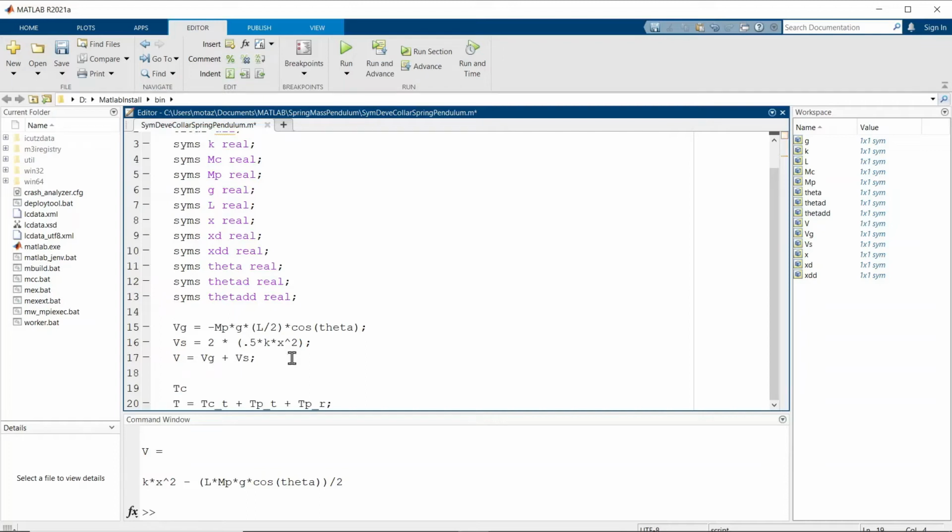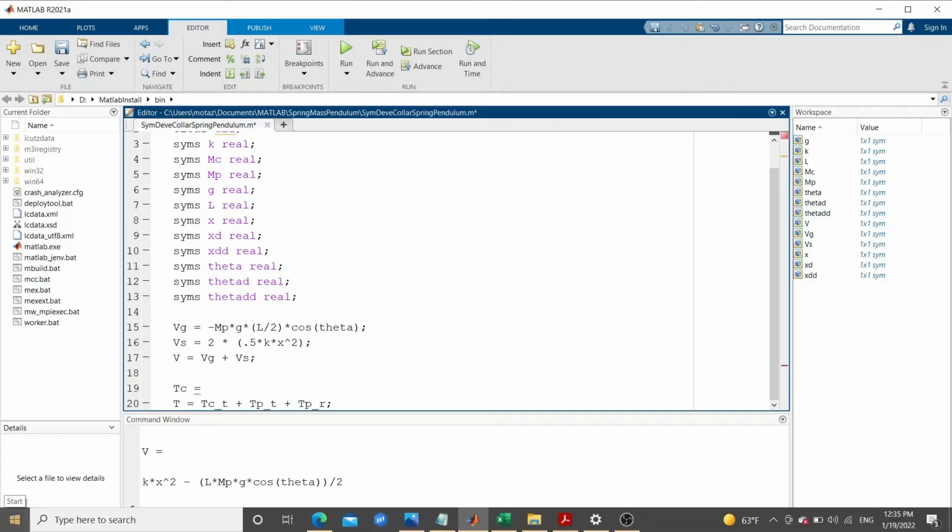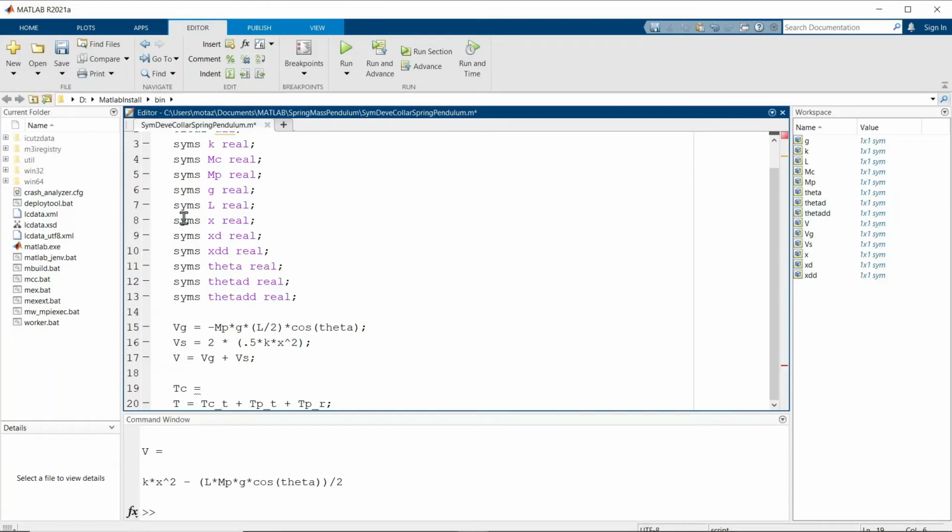Kinetic energy of the collar is going to be, well, we have x dot defined. So it's just 0.5 times the mass of the collar times x dot squared.